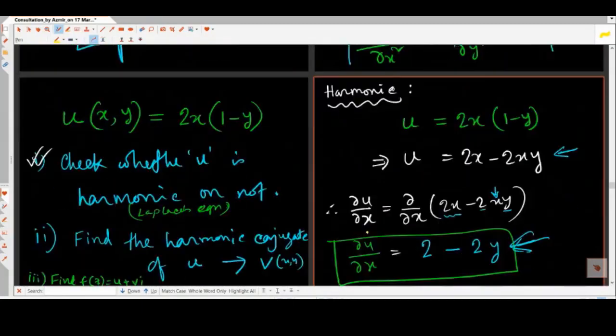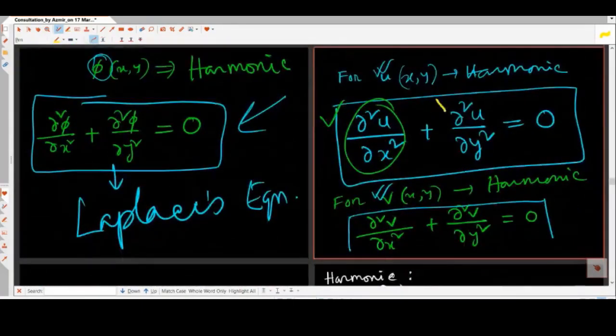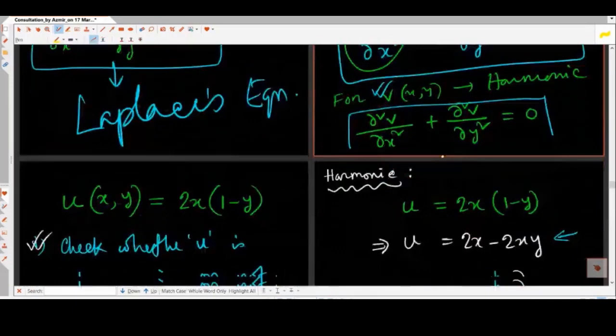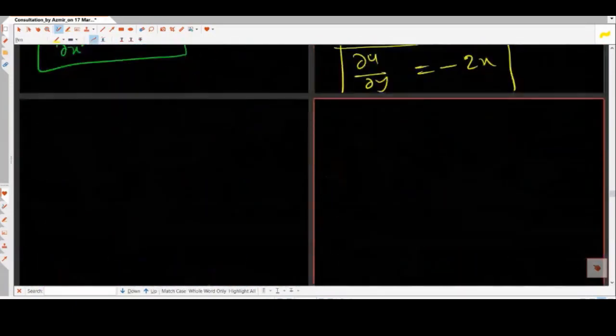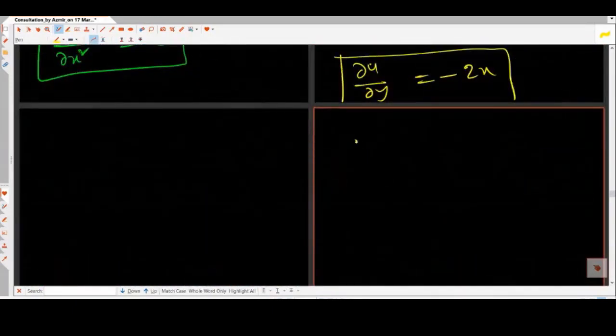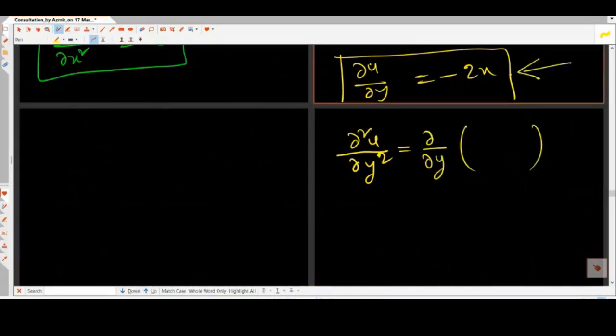We need to find the second order partial derivative for y. So therefore, the second order partial derivative in terms of y, that is, we are going to differentiate this function. So here we have negative 2x.